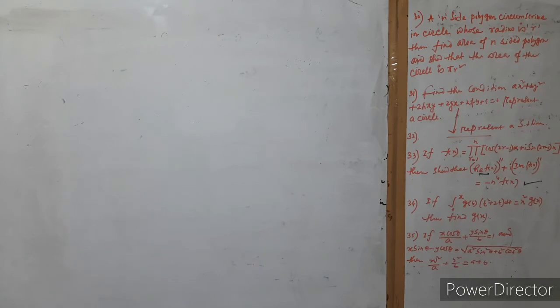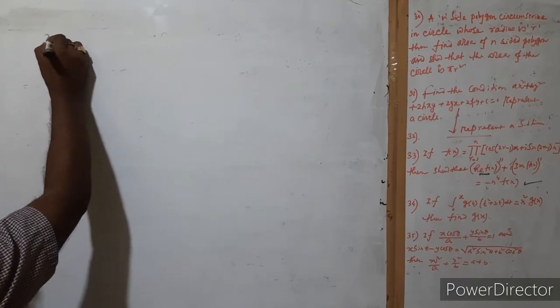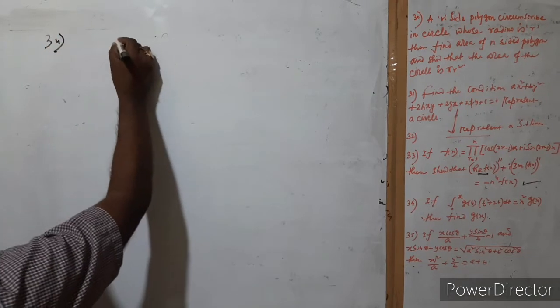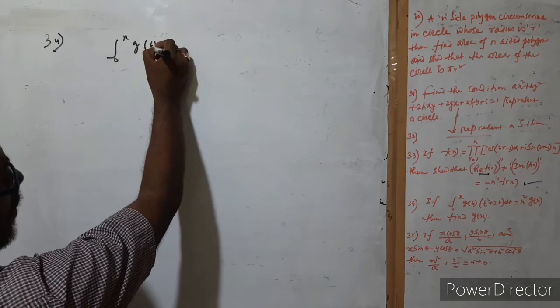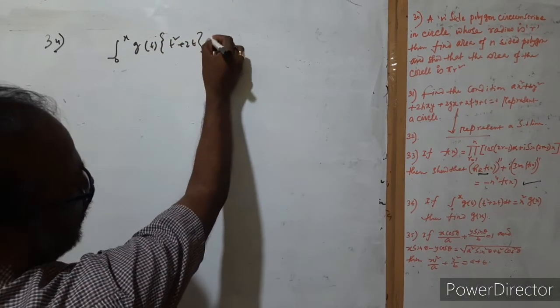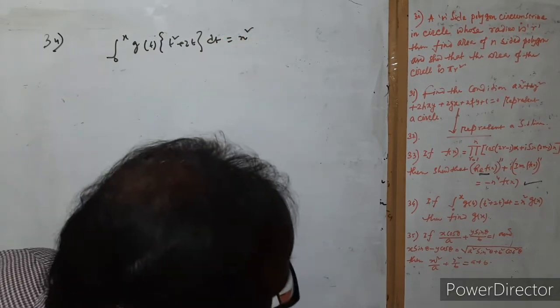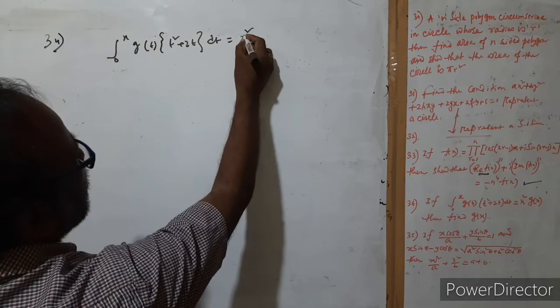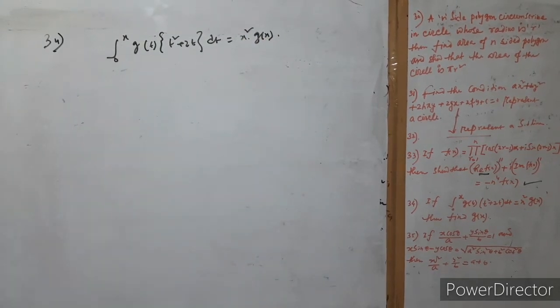See here, this is 34: the integral from 0 to x of g(t) = t² + 2t dt is equal to x² and g(x).